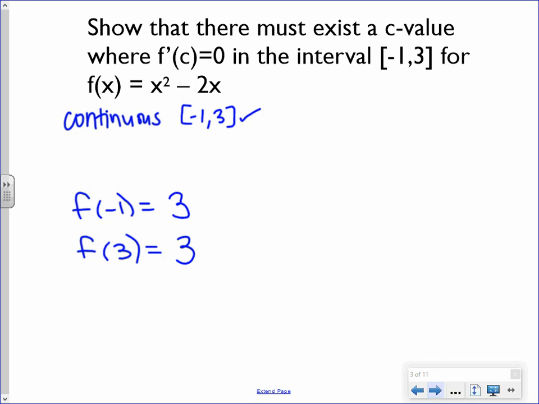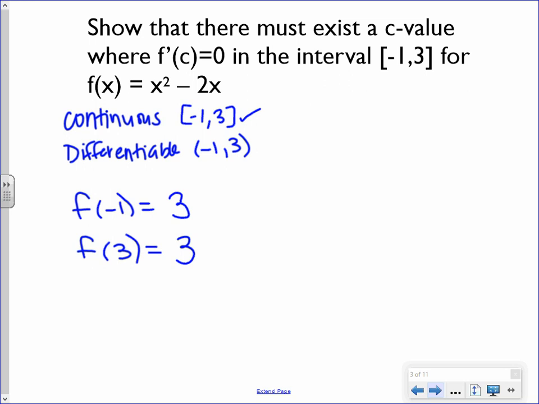Okay. Differentiable. We only care about differentiability on the open interval because it could be a function that has endpoints. So we're not going to worry about the endpoints. I just want to worry about in between the endpoints. Are we differentiable between -1 and 3?